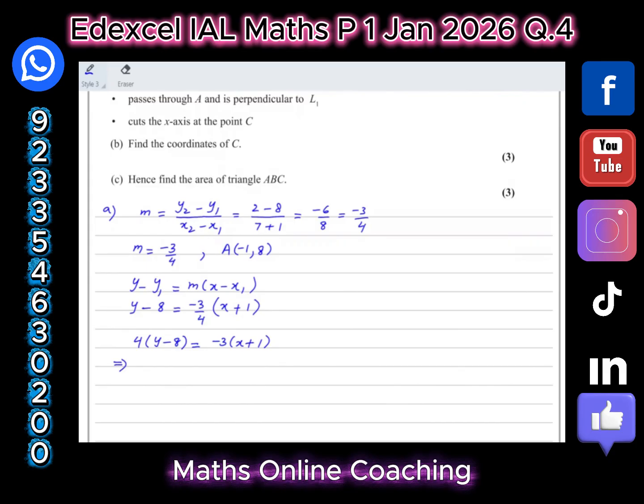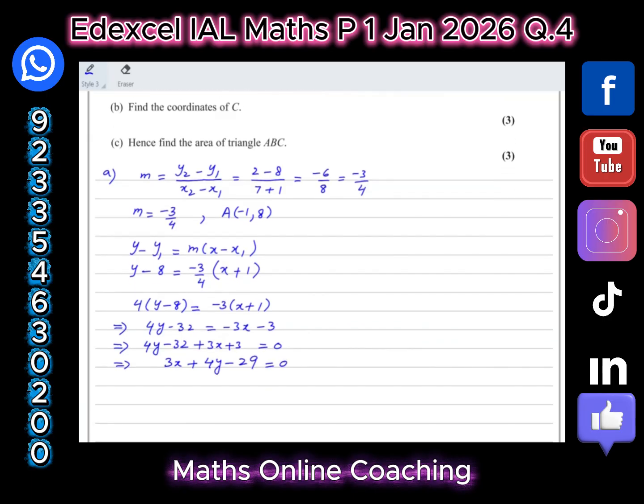On simplifying, we have 4y minus 32 is equal to minus 3x minus 3. It gives 4y minus 32 plus 3x plus 3 is equal to 0, which is 3x plus 4y minus 29 is equal to 0. This is the equation for L1 with the given data.